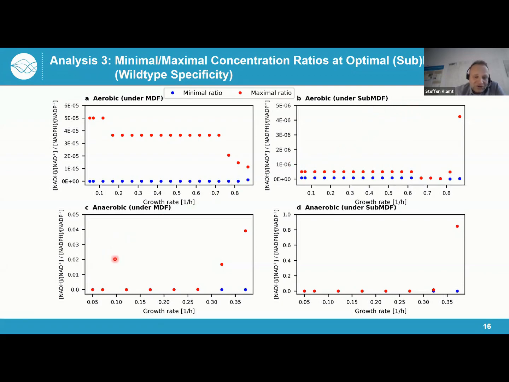On the anaerobic conditions, at least for the low growth rate, you also have very tight ranges. So here the red dot even lies above the blue dot. Only for higher growth rates, you can see that larger ranges become possible. Also now a bit larger, but still also here in this case, they are still not far below 1, but at least below 1. So here we have a case where it's a bit closer getting to 1.